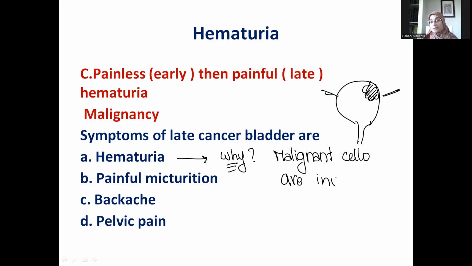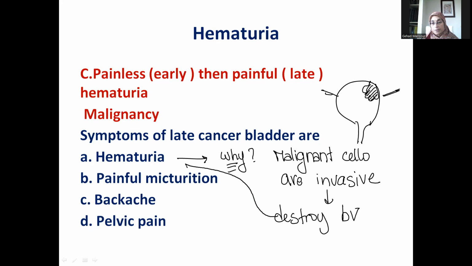So the malignant cells are invasive, meaning that they can invade and destroy the surrounding tissues. So they can destroy blood vessels and cause hematuria, but they can also destroy nerves and cause pain.